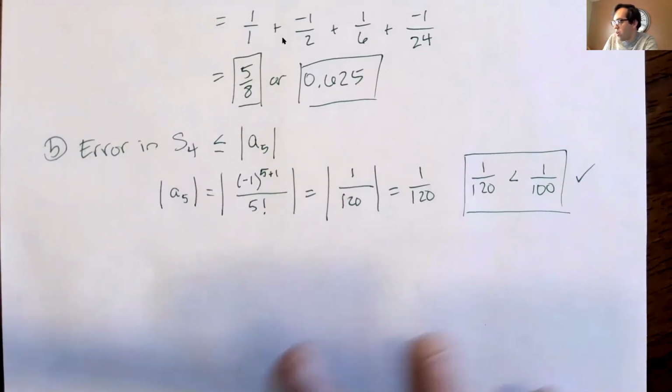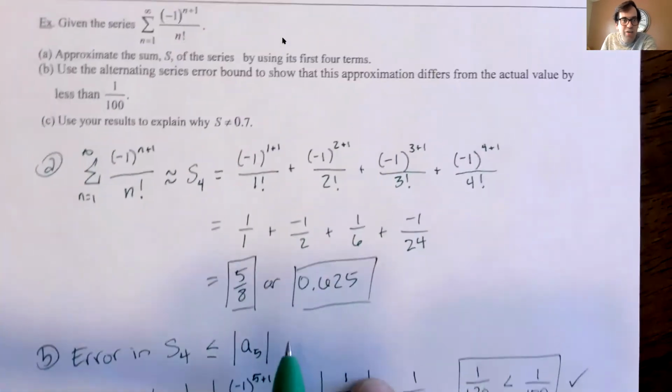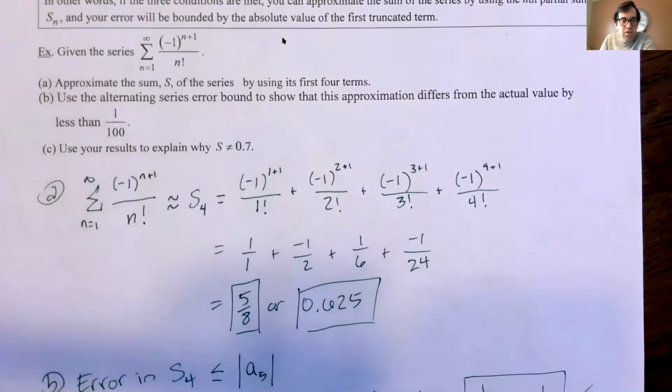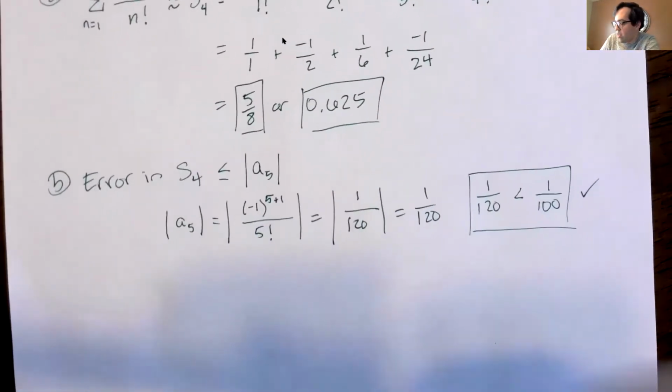And part C, use your results to explain why S, the final value of the actual sum of all of these terms, is not equal to 0.7. So let's take a look.